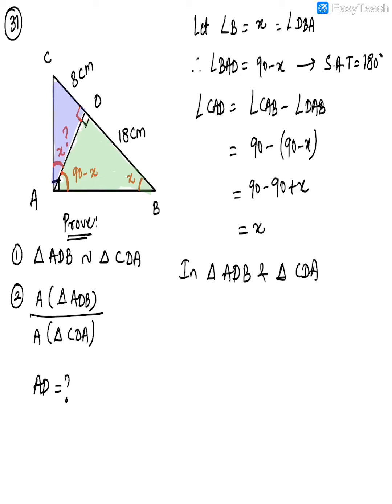Number 2: they're asking us to prove that angle DBA is equal to angle DAC, or CAD, which is equal to X. So here we can say, from the above statement. So we'll need to number those statements.